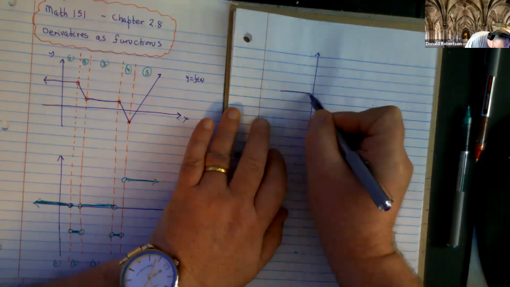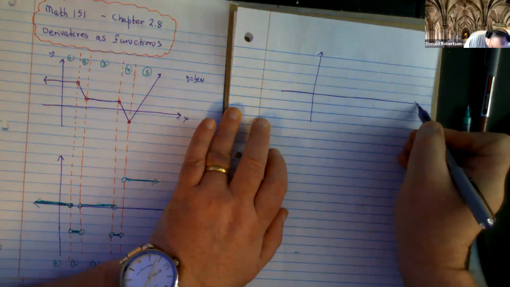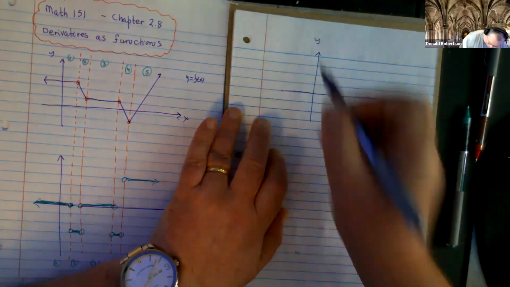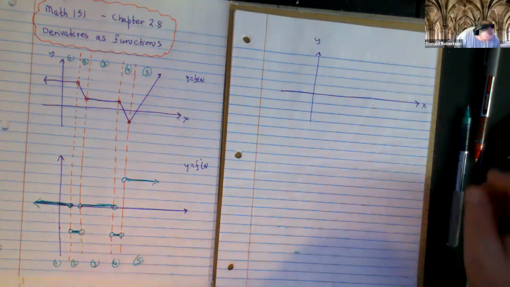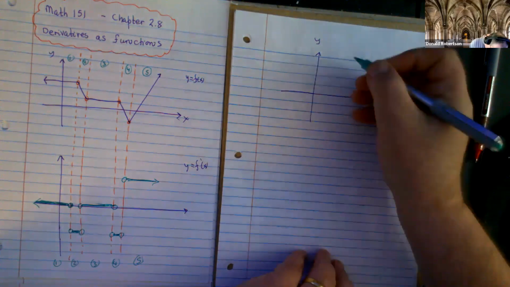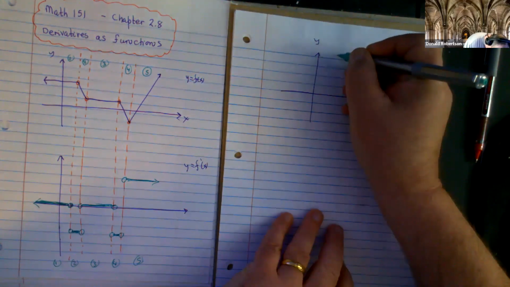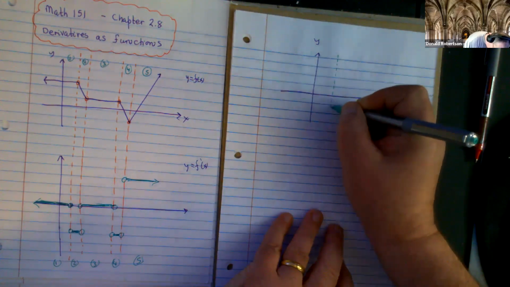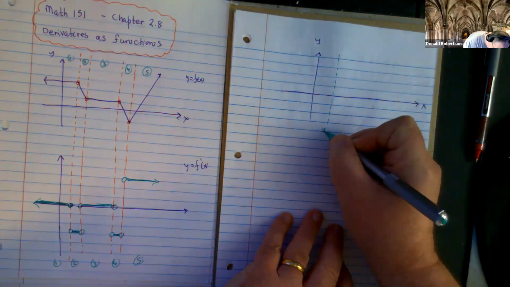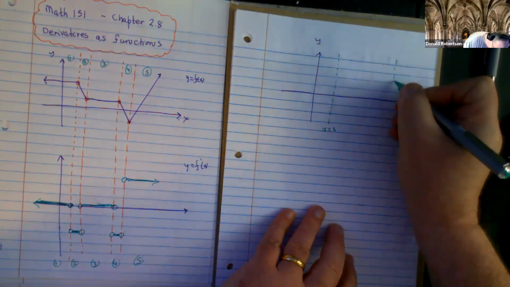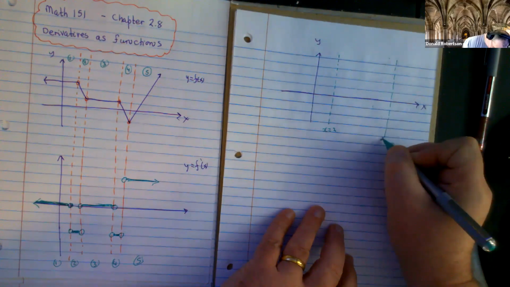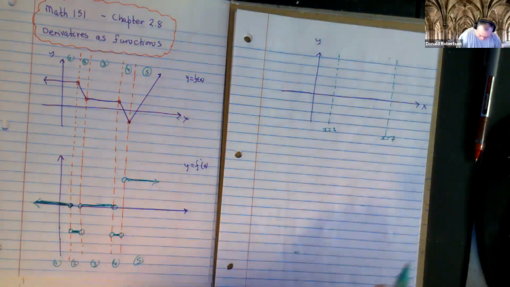Next one I'm going to do is the derivative of a graph that has vertical asymptotes in it. So I'll make my asymptotes green. Typically, I would make them red, but let's say I have a vertical asymptote at 3 and a vertical asymptote, let's say, at 7.